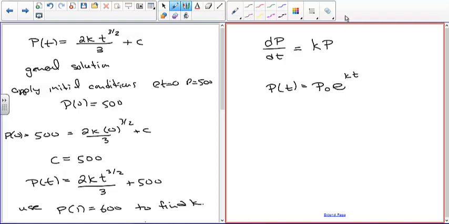This differential equation gives you a solution which is an exponential result. And that's why you can get sick so quick with bacteria or viruses, is they grow at an exponential rate. You remember what an exponential curve looks like. It goes.